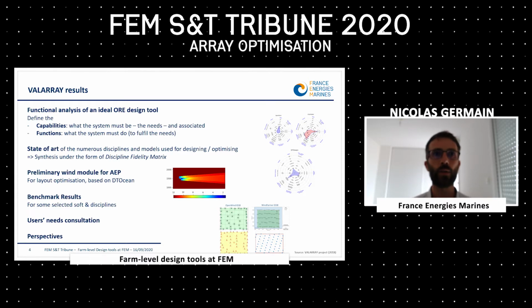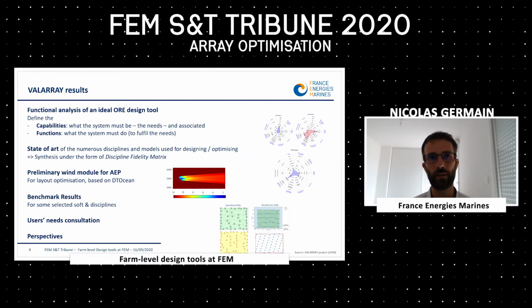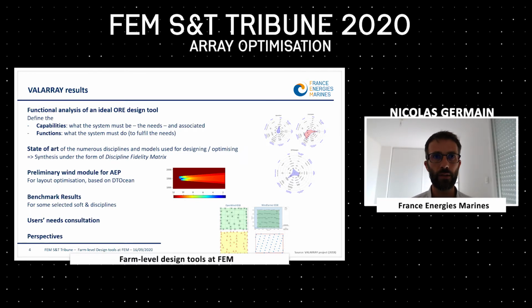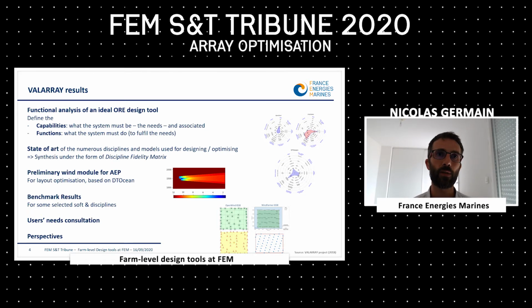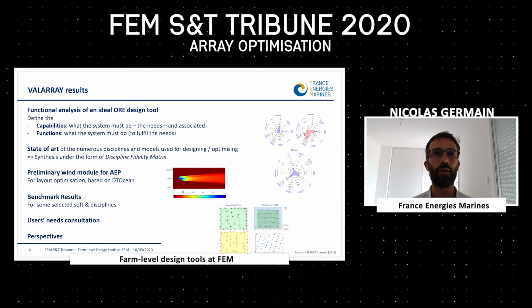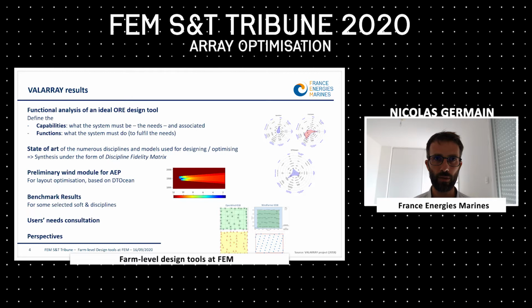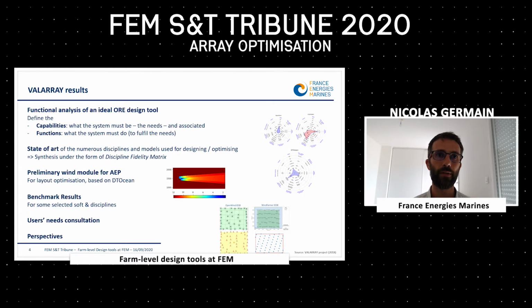We also did some benchmark comparison between software, mainly layout optimization, and this is the bottom picture on which you can see a comparison of four layouts for the same conditions, almost exact same inputs. And for four different software, the bottom right one being Deterioration, the module we have adapted to wind energy, and the three others are commercial software, namely WindPro, OpenWind, and Wind Farm Analyst.